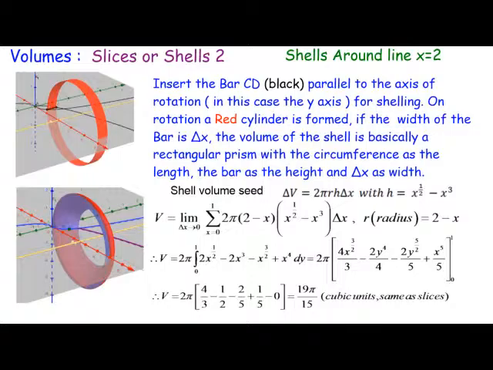The radius needs to be adjusted slightly, which, as you know, is 2 minus x, and the height is the length of the bar CD, as functions of x. You need to multiply this out, integrate each of the parts and evaluate it between the x bounds 0 and 1. Again our answer is 19 pi on 15.